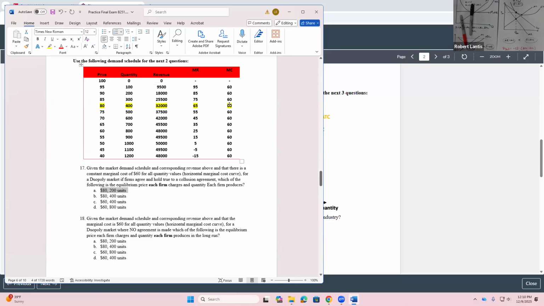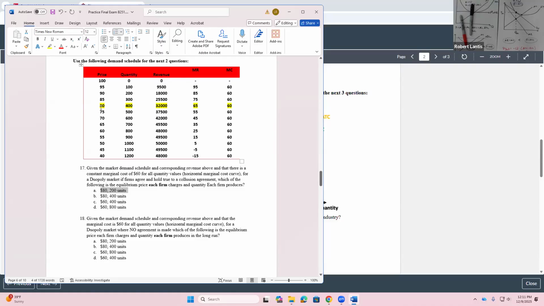So if I have any positive marginal costs, what will always be true about the point where a duopolist would choose, or a monopolist would choose if they were duopolists, if they hold true to the agreement? Well, marginal revenue at our optimal point is what here? Positive. So we know that we're going to end up on what portion of the demand curve?